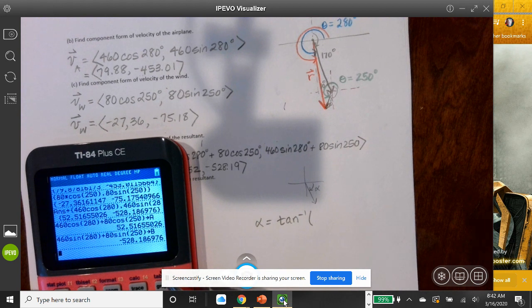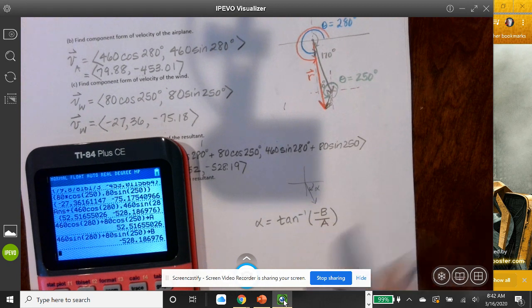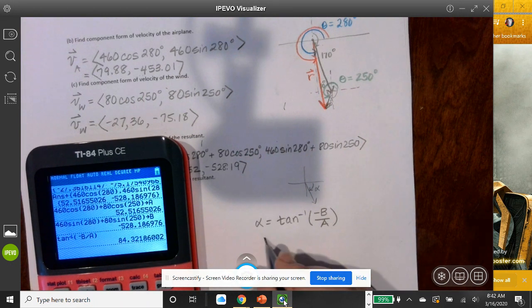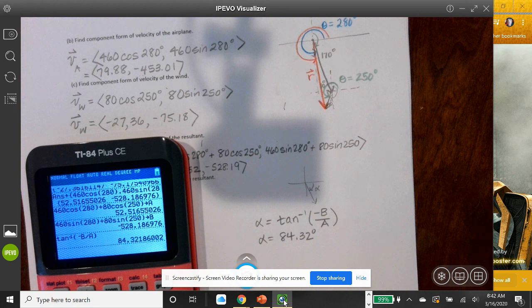The B is negative, so I'm going to make this negative B over A because alpha has to be a positive angle. So we're going to go second inverse tangent of negative alpha B divided by alpha A. And we get alpha equals 84.32 degrees. Now that looks really reasonable based on our picture up here, so I feel good about that.